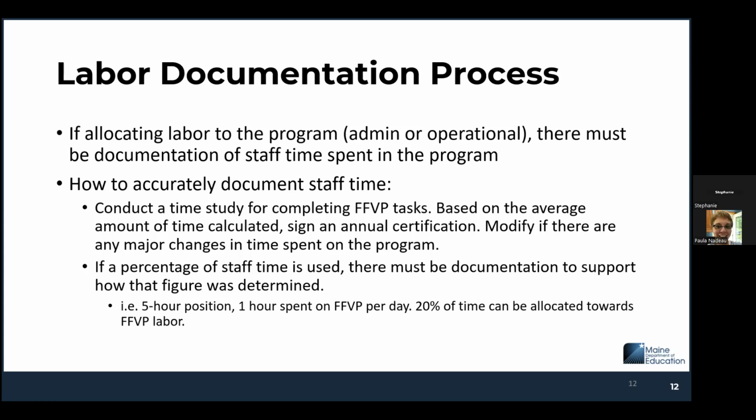The first one is conducting a time study for that person who's completing FFVP tasks. It can be based on an average amount of time calculated, and then the food service director would sign just an annual certification, and then just keep it for your files.